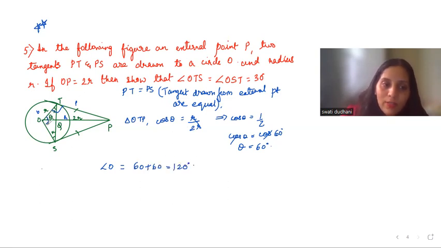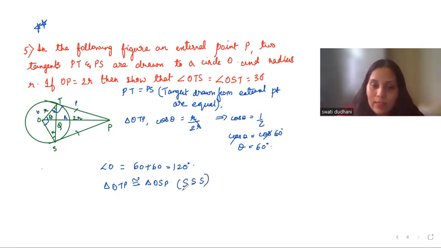So this whole angle we have already found which is 120 degrees. Now I can prove that triangle OTP is congruent to triangle OSP. So this is by SSS criteria, SSS congruency. Because if I consider these two, 90, 90, all the sides are equal basically.